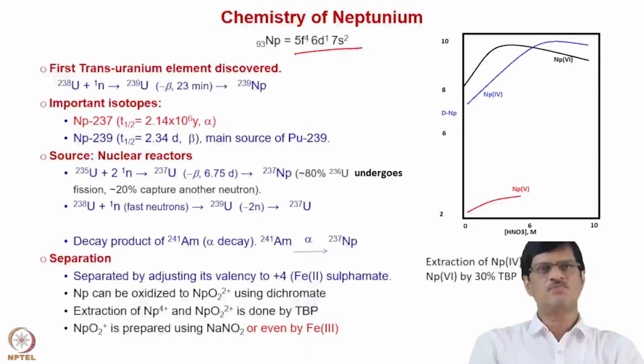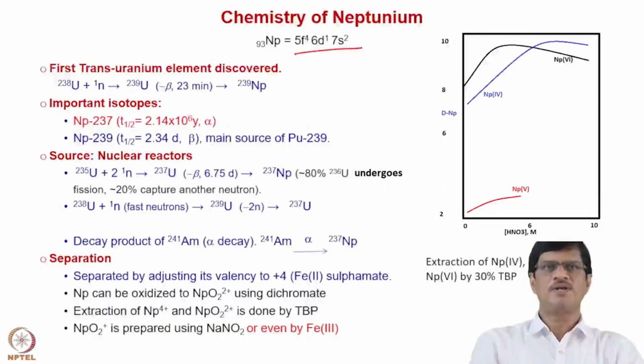Another important isotope is neptunium 237, which is particularly important because it has a very long half-life. In radioactive waste management, this neptunium 237 has to be necessarily separated. Otherwise, the waste has to be kept in a geological repository, and the surveillance period will be very, very long. That I will be discussing in a separate lecture.